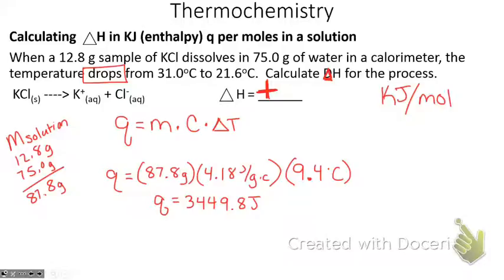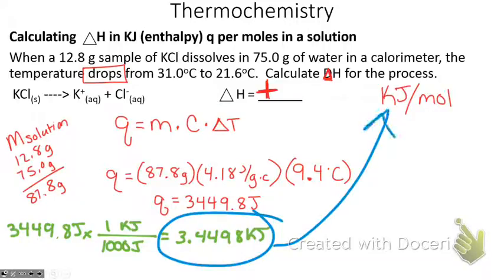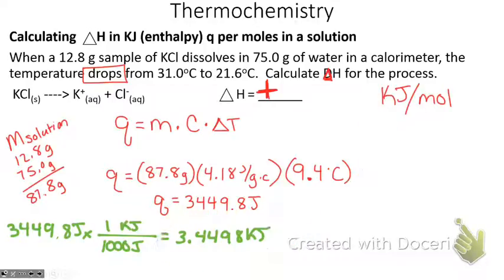I'll use a different color, my 3449.8 joules, and just quickly flip that to kilojoules. 1 kilojoule has 1,000 joules in it. So all I got to do is move the decimal point. Should end up with 3.4498 kilojoules.